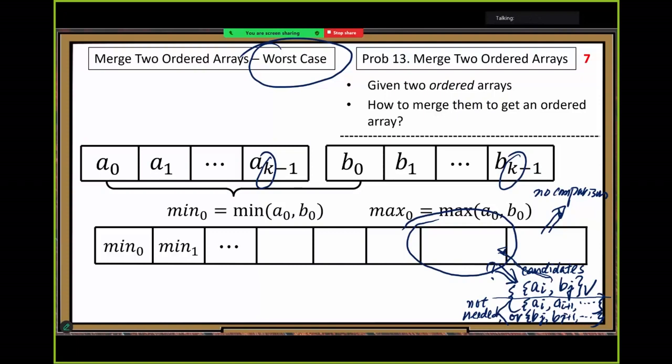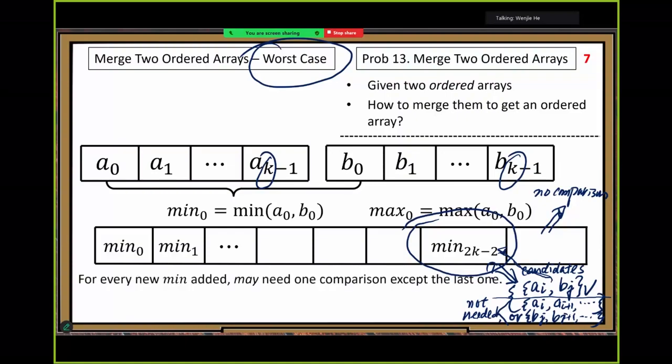Look at the positions, corresponding to the total number of elements. Can you get the answer immediately? Or you can also look at the subscript, 0, 1, up to 2K minus 2, right? So you can see the number of comparisons for the worst case is 2K minus 1.